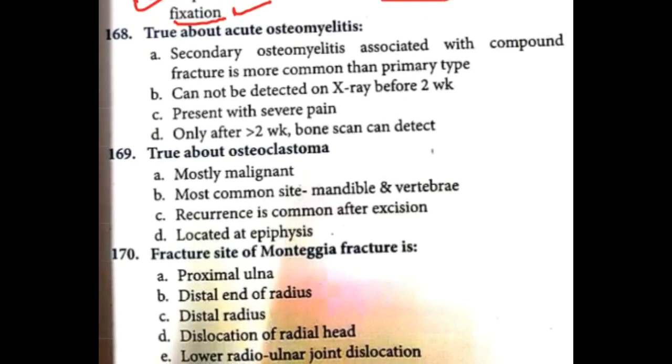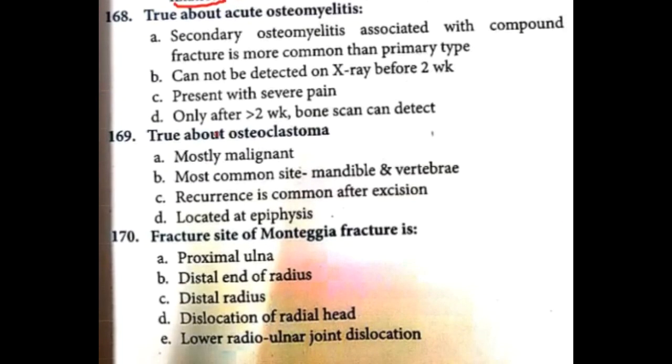Next question. True about acute osteomyelitis. Secondary osteomyelitis is associated with compound fracture more commonly than the primary type. Actually, I am not sure whether this is true or false.